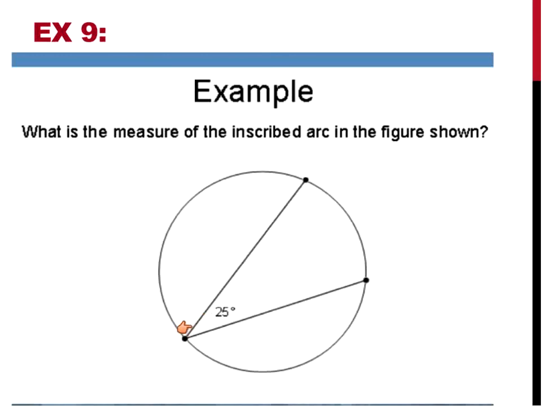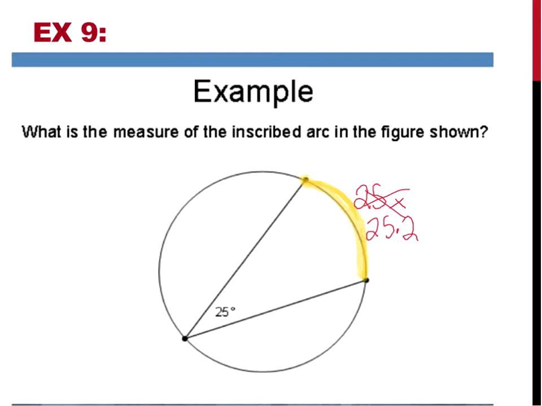Okay, so if I tell you, hey, this itty bitty teeny weeny angle is 25. What is the measure of the arc? Look back at your formula. What do you think? Close. So he said 25x. Not quite how we write it.